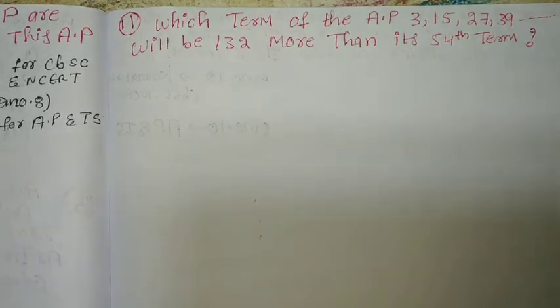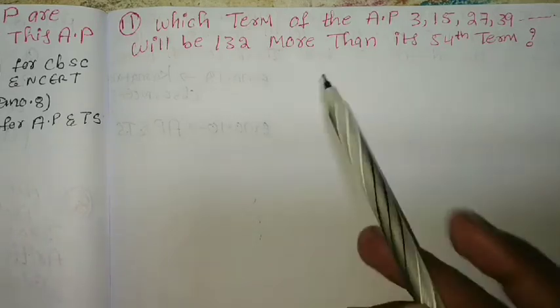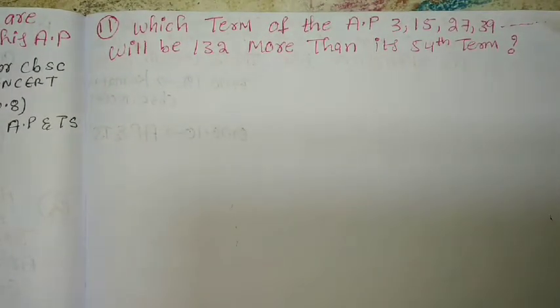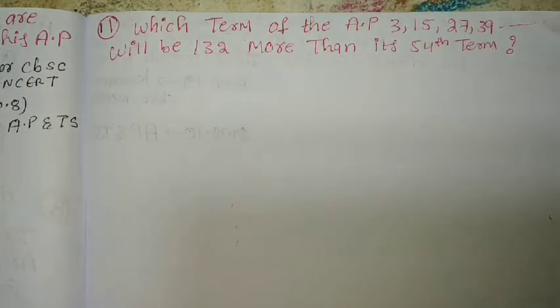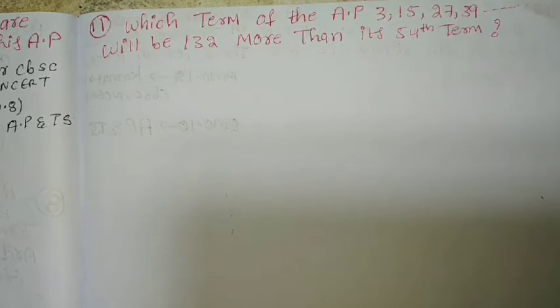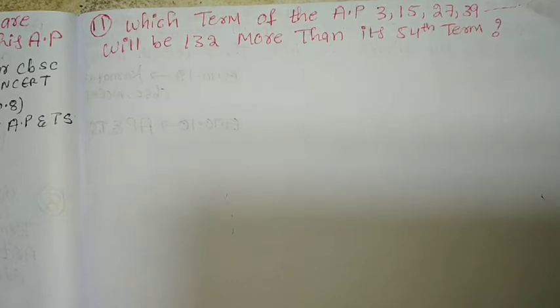What is given? Which term of the arithmetic progression 3, 15, 27, 39 and so on will be 132 more than its 54th term? See here, they didn't give how many terms we have, and also they did not give the nth term of the arithmetic progression.